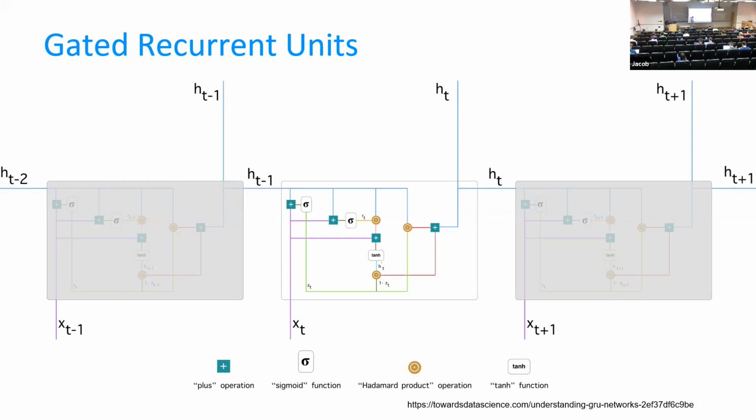The way it works is you have one gating function that takes as input your hidden state and your current input and concatenates them, applies a weight matrix and then a sigmoid activation.